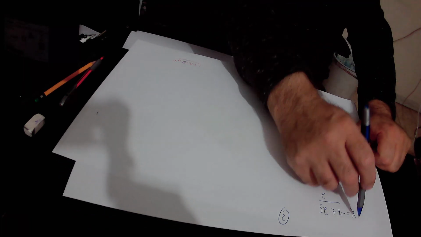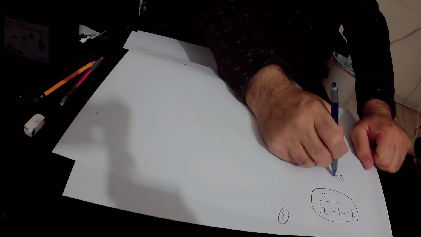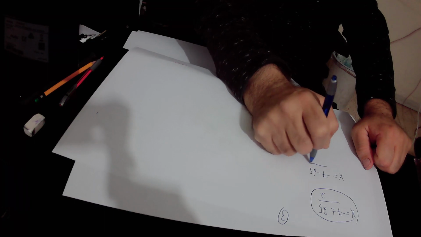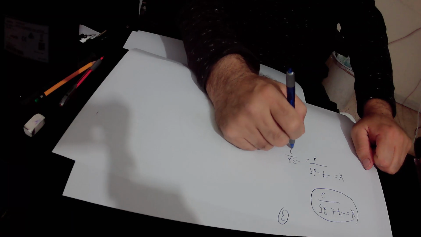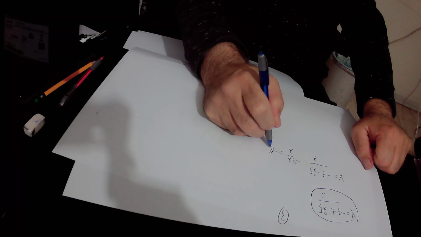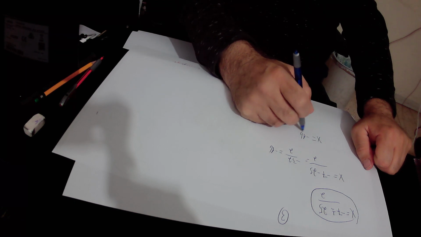So here we will have two possible solutions for x. The first solution is x equals minus 7 minus 25 over 2. Minus 7 minus 25 is minus 32, over 2. So minus 32 over 2 is minus 16. So according to the first solution, x equals minus 16.